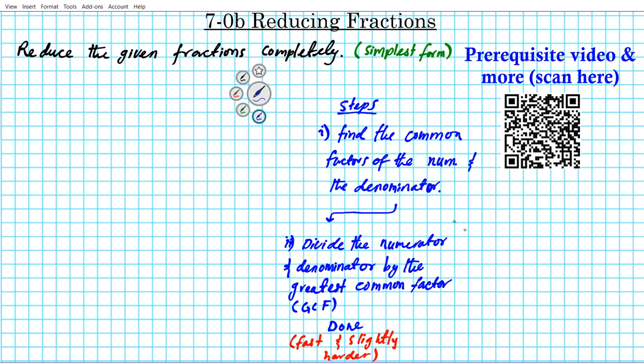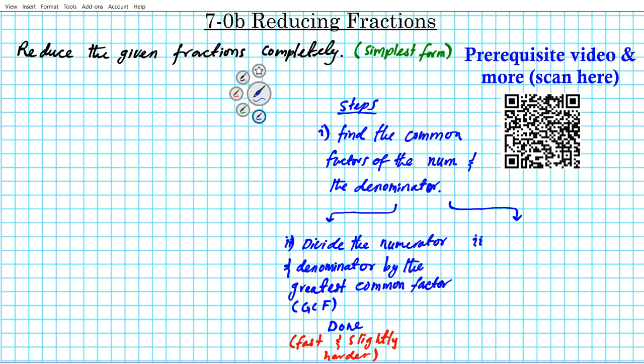If you know your multiplication facts, then it might not be too difficult. But if you haven't mastered all your multiplication facts to higher numbers, then this might be a little bit difficult. So if you don't want to use this method of finding the greatest common factor, we're going to go over another method.